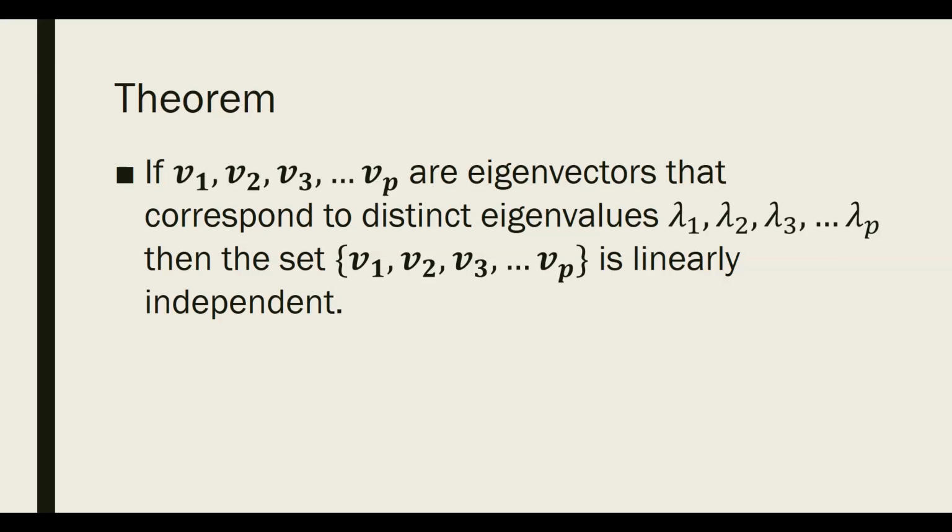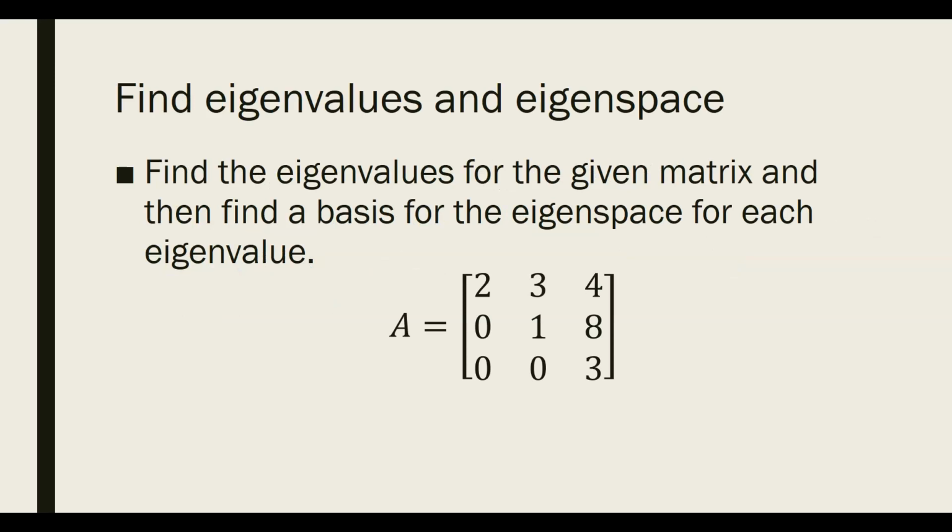That's going to be a really important property when we move forward. So with this matrix A, I had 3 different eigenvalues. Each of those eigenvalues corresponded to a different eigenvector, and the set of those 3 eigenvectors was linearly independent. And that's it.